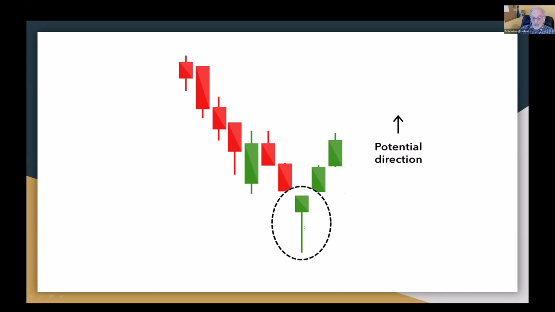Selling, buying, and that's why we have such a long wick here, or sometimes we call it a shadow, but maybe wick is better. And the price finished here, so it means that the sellers are no more stronger than the buyers. The buyers are stronger than the sellers.